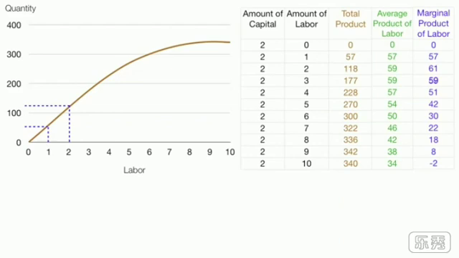So when I move from 1 labor unit to 2 labor units, I look at the change in labor. And when I move in the upward direction right there, I look at the change in quantity. So marginal product of labor is the change in quantity divided by the change in labor.